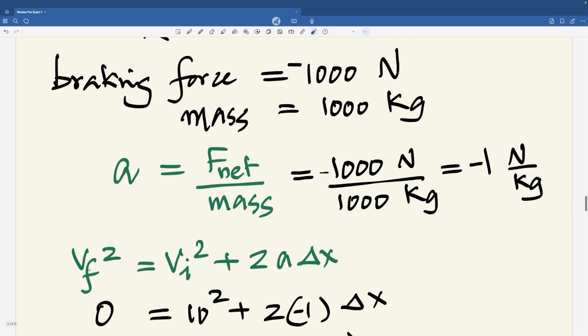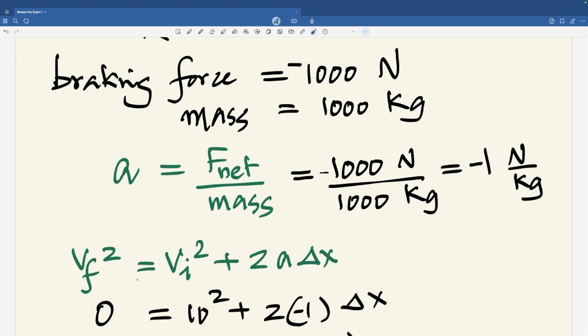This is the only equation that has those 4 quantities. Look at it. There's no time in it. We have nothing to do with time in this question. We're not asked to find time. We're not given time. So that's how you know which formula to use. You have to carefully list them down, including what you're trying to find. There's no other way. And then plug it in.